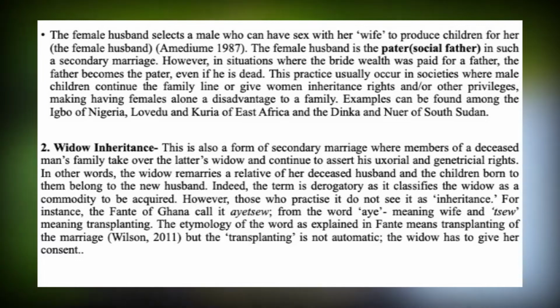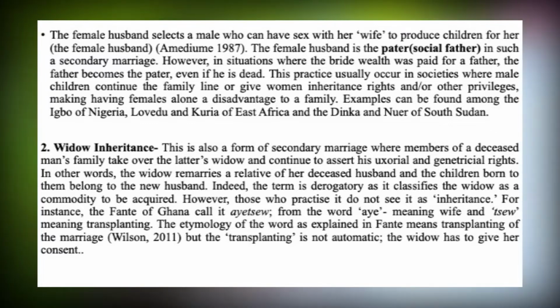When her wife gets pregnant, the child she gives birth to belongs to the woman and not the man who impregnated her. So under this, we have two terms: pater, which is explained as social father, and genitor, which is referred to as biological father.